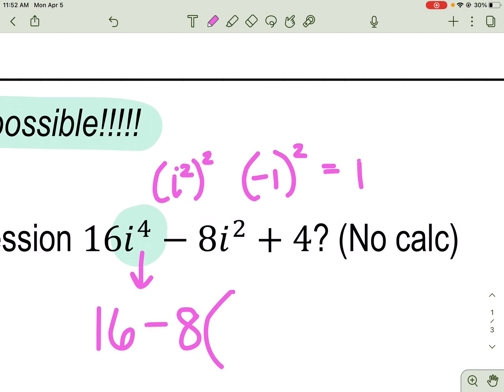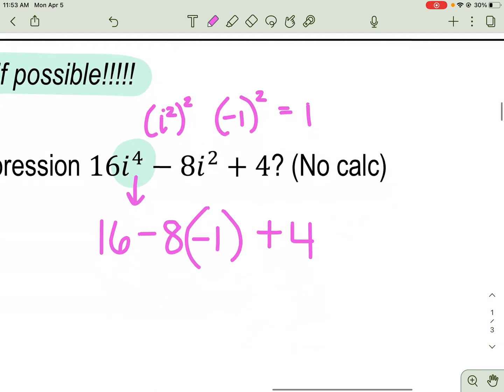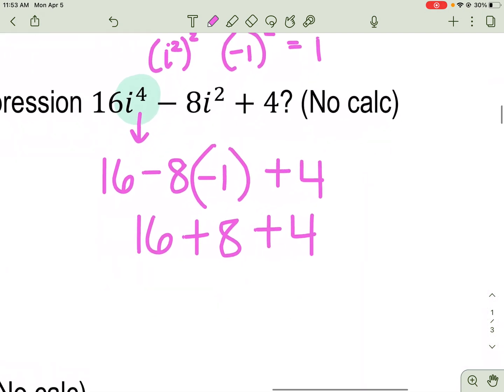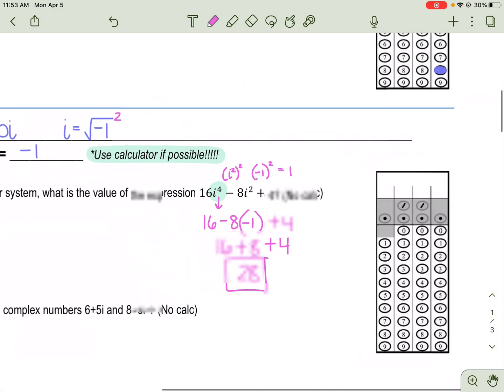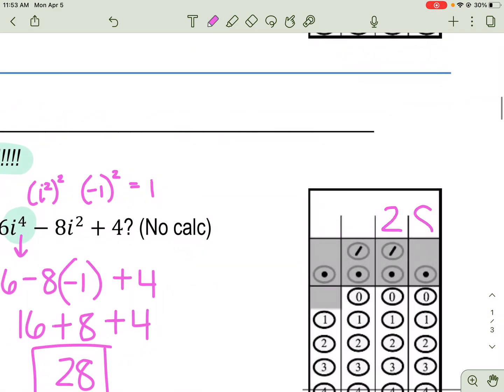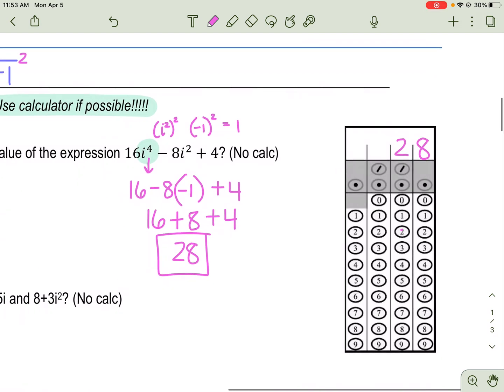I know i squared is equal to -1, plus 4. All right, so 16, this becomes plus 8, plus 4 is 24, plus 4, which is 28. Okay, so just using what we know about complex numbers to evaluate an expression.